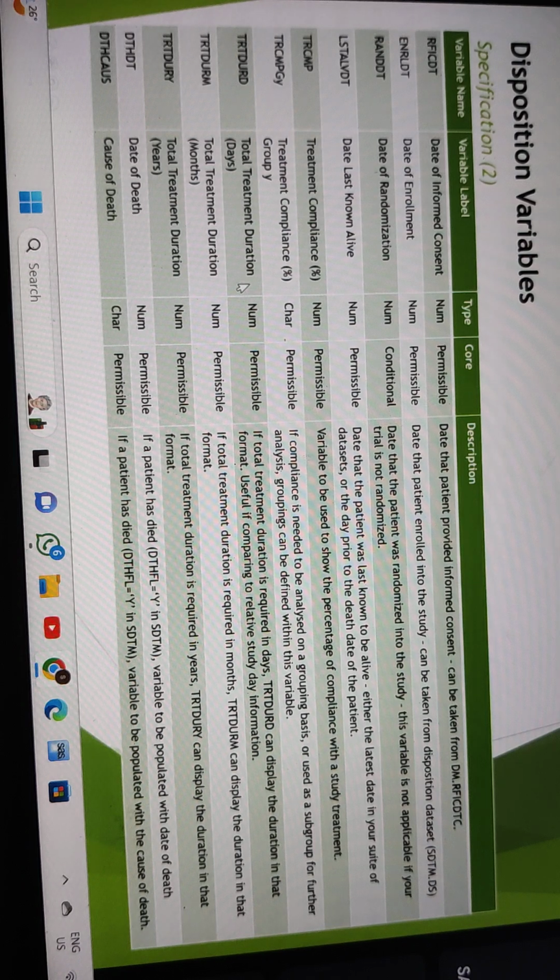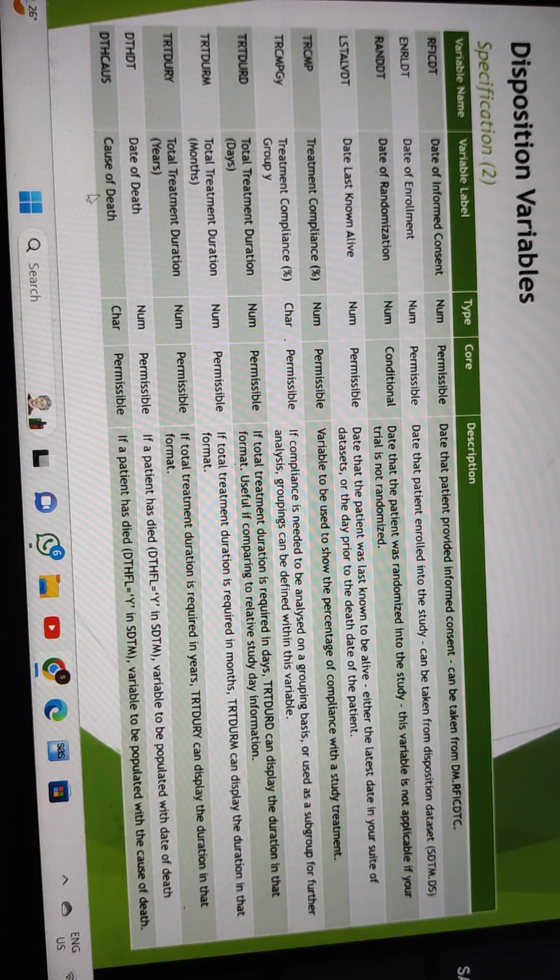And then TRTDURD, the total treatment duration. That is nothing but how many days the subject takes their treatment, in days. The same variable in months is TRTDURM, and in years also. This is in days, this is in months, this is in years, depending on the trial. Some studies require the duration in days, some trials in months, some in years, so based on that we can choose the variables.